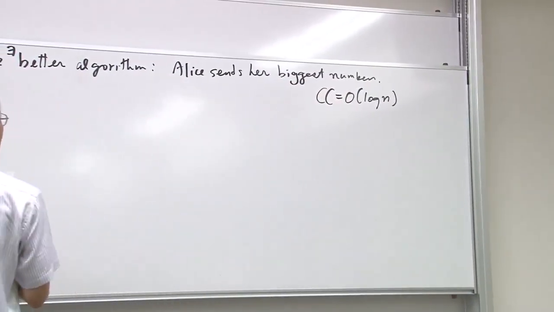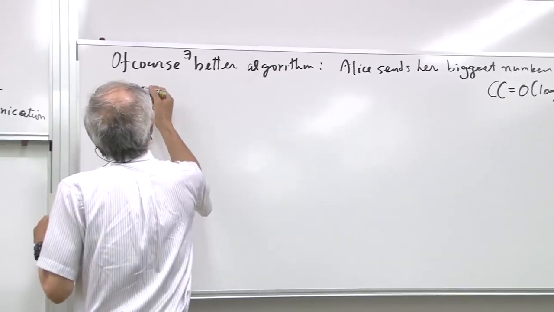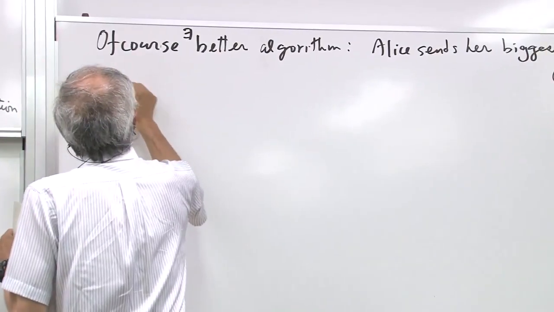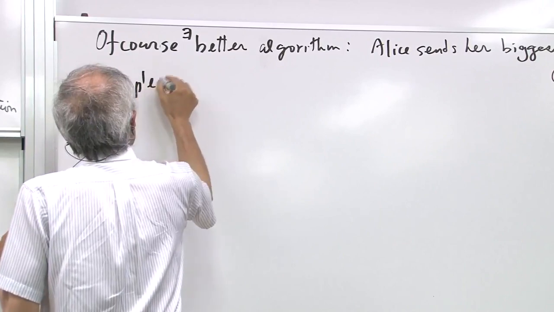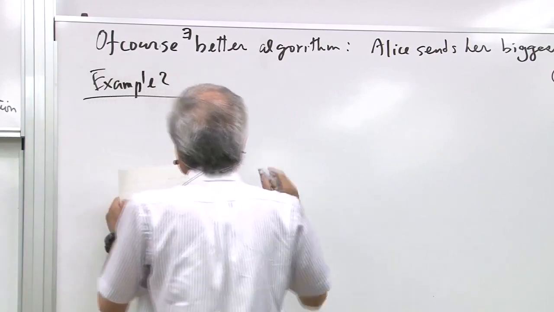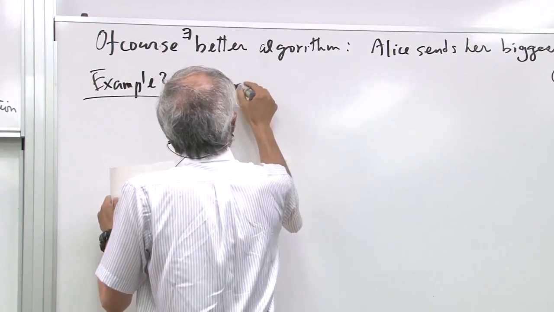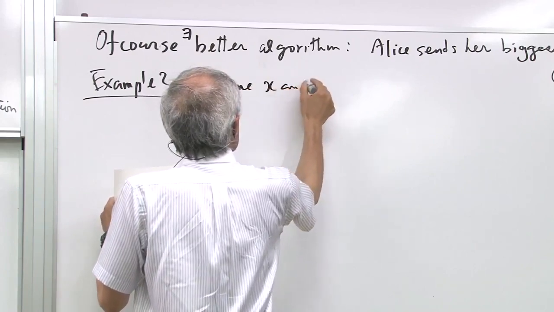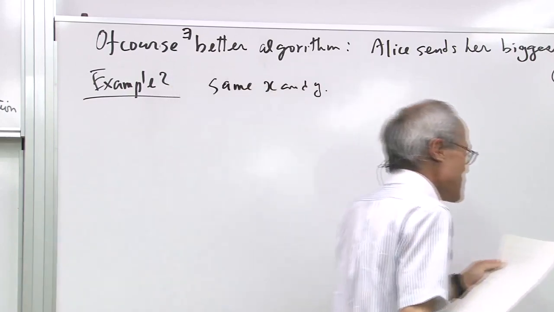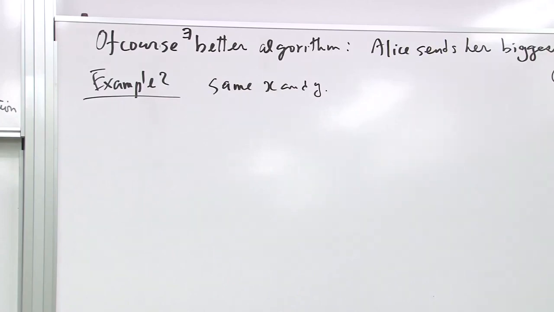Now, second example. The same x and y. So they are both a subset of 1 through n.